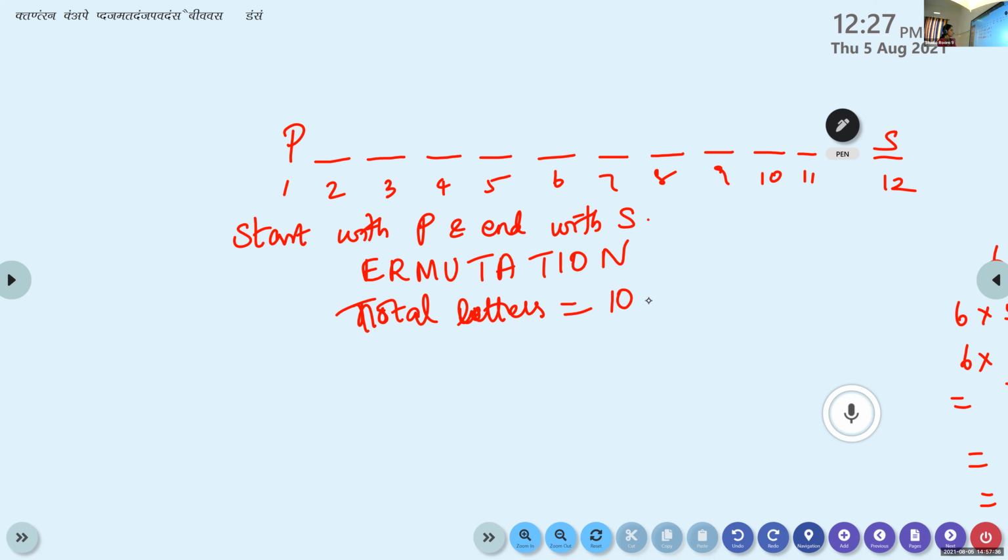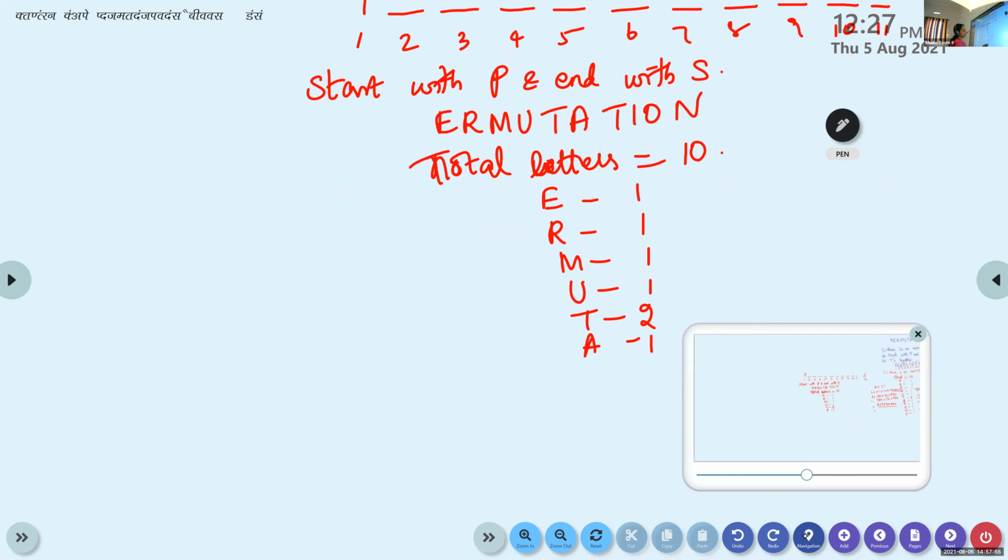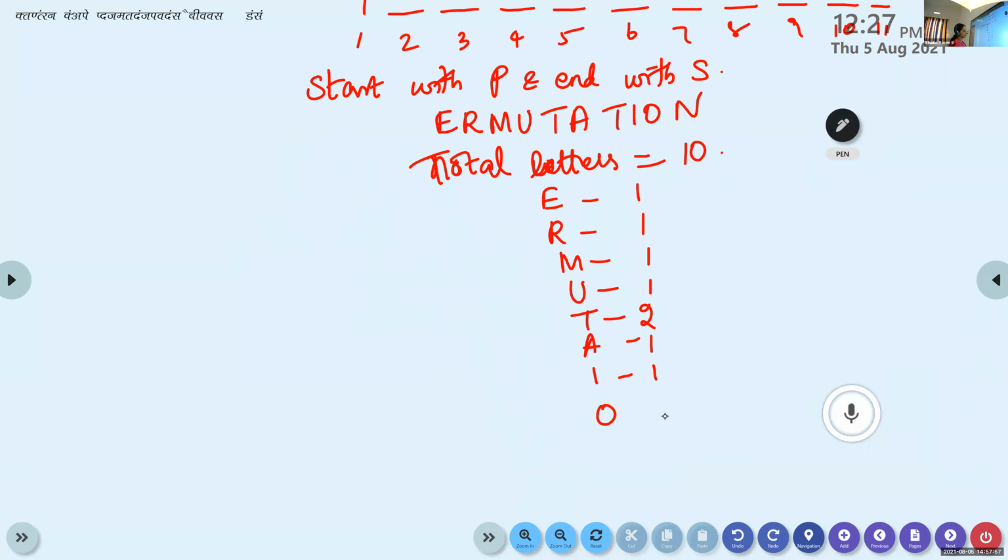Among these 10 letters, the letter E occurs one time, R one time, M one time, U one time, T occurs 2 times, A one time, I one time, O one time, and N one time. Again, you check it: 1, 2, 3, 4, 5, 6, 7, 8, 9, 10.